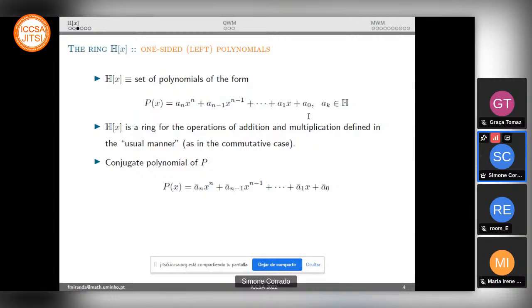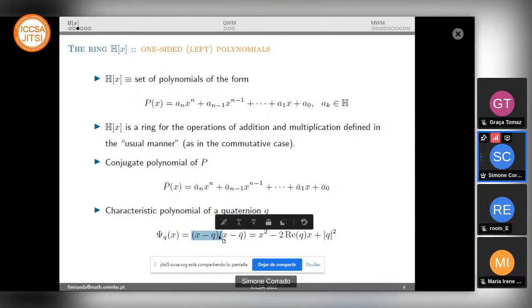Given a polynomial p, we call p bar the conjugate polynomial of p, defined this way, and the characteristic polynomial associated with a quaternion q is a second-degree real polynomial, defined by multiplying x minus q by x minus q bar. Usually the characteristic polynomial associated with q is represented by psi q.